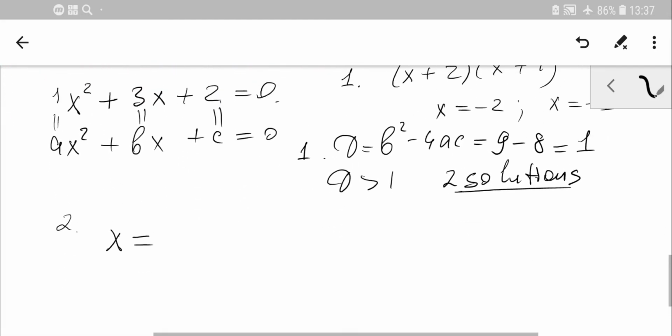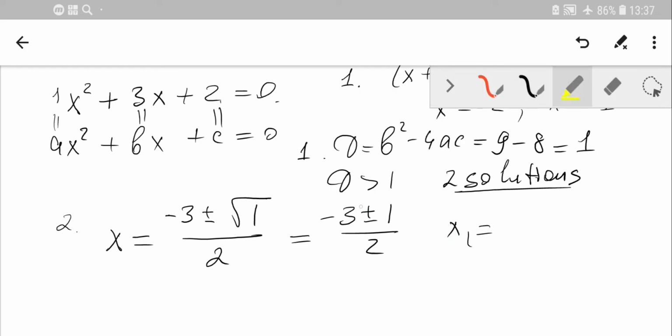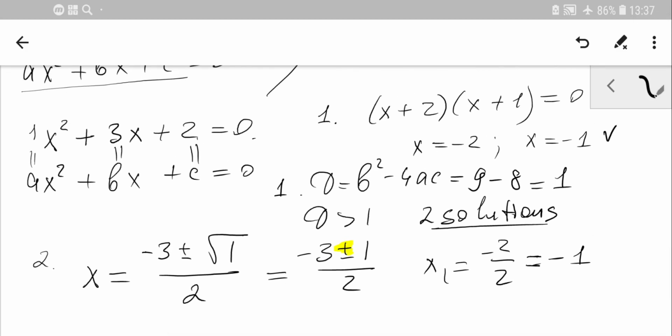So minus b is minus 3, plus minus the square root of 1, over 2 times 1, which is 2. If we simplify that, we'll get minus 3 plus minus 1 over 2. So from where we have the x1 solution, let's say we take the positive sign first: minus 3 plus 1 is minus 2, over 2 is 1 with the minus sign, so it's -1 here. Okay, so we've got that solution.